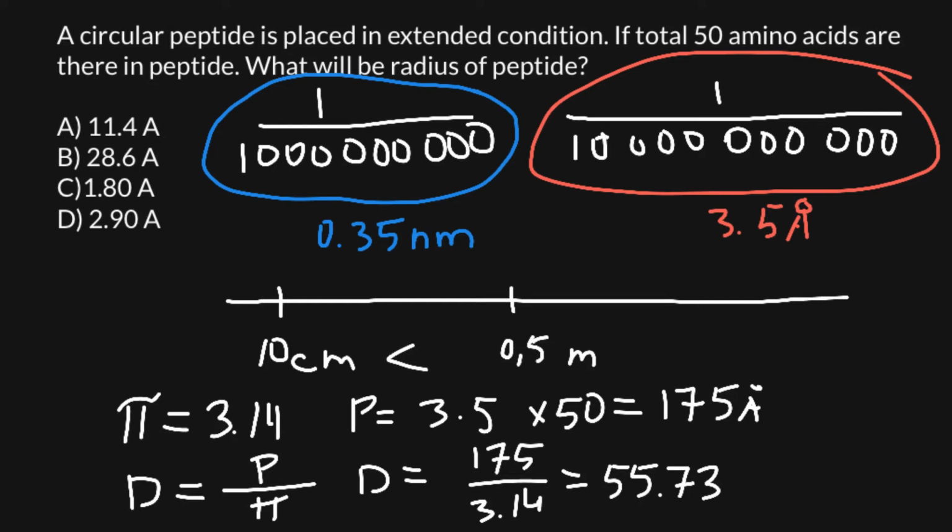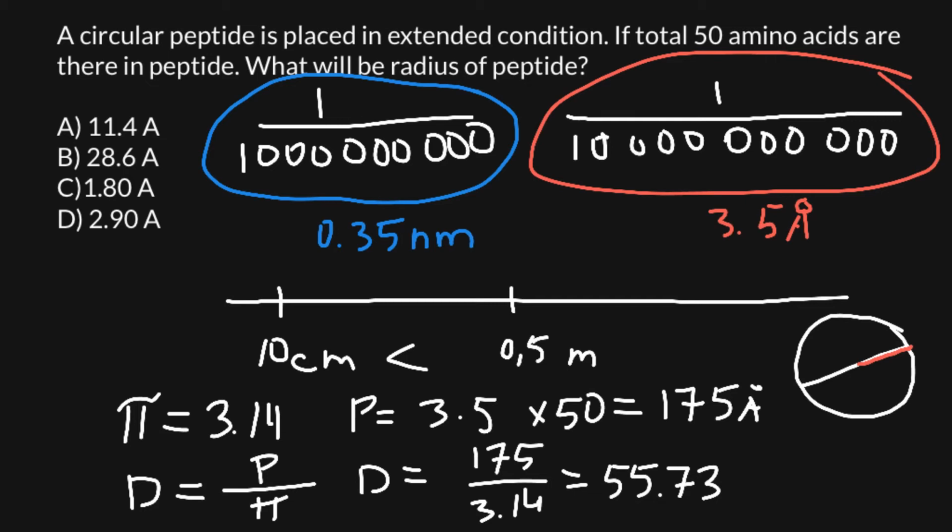So once again, here is a circle, here is a diameter, and here would be the radius. And the radius, as you see, is 1/2 of the diameter. So we have to divide this number by 2.